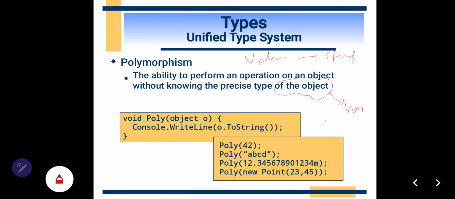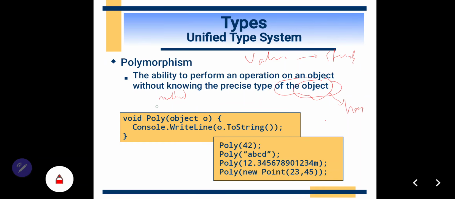Okay, I will say again: polymorphism is to make a method or object have more than one character depending on context.